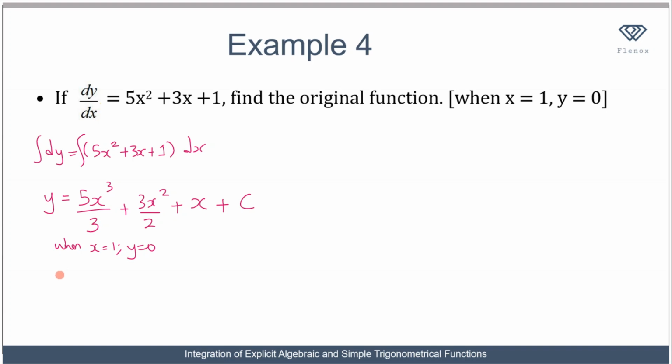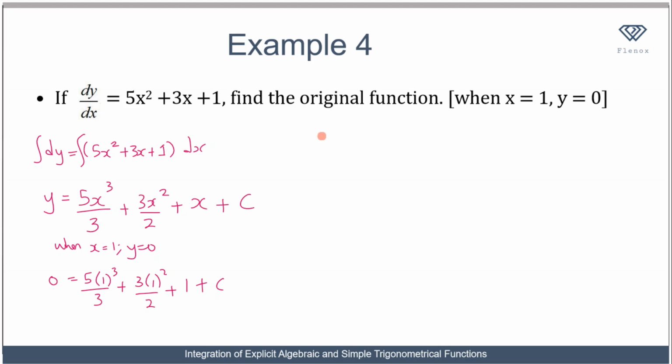If we substitute it here, we have 0 is equal to 5 times 1 cubed over 3, plus 3 times 1 squared over 2, plus 1, plus my constant c. So what does that give me?